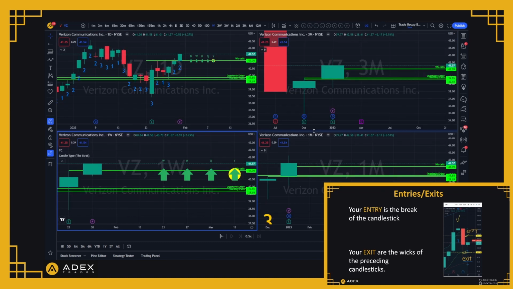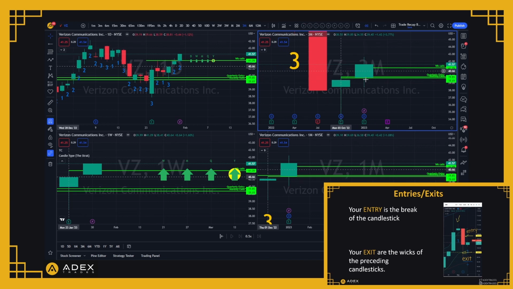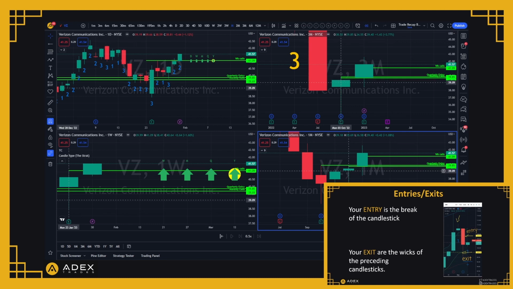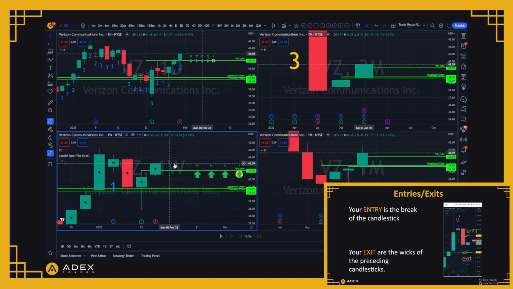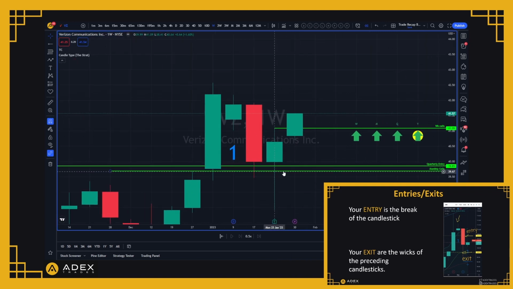So remember, you guys, so far we have an actionable signal on the quarterly, a 2-2 reversal. We had an actionable signal on the monthly, a 1-3-2 rev strat, and then we have an actionable signal on the weekly, which is a 2-2 rev on the weekly, on top of all of these time frame triggers.